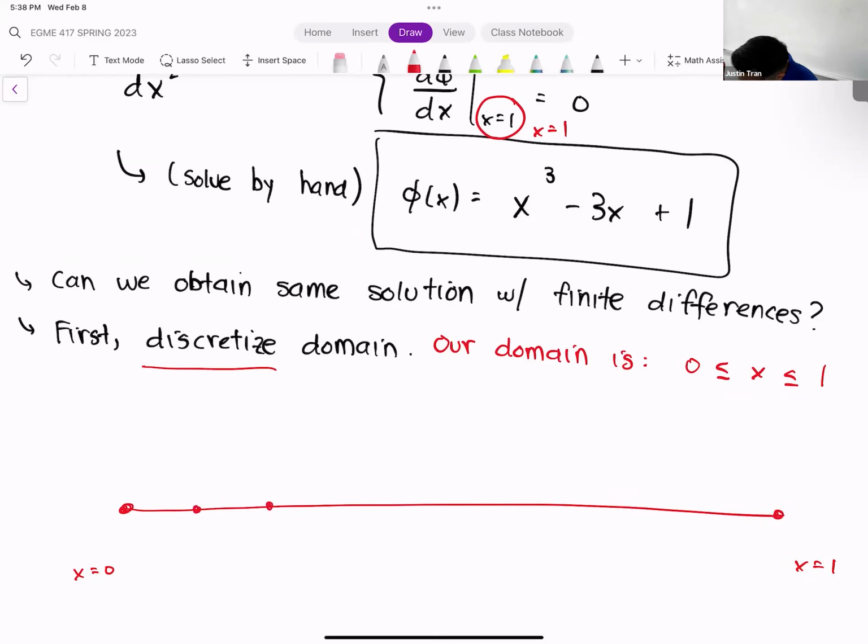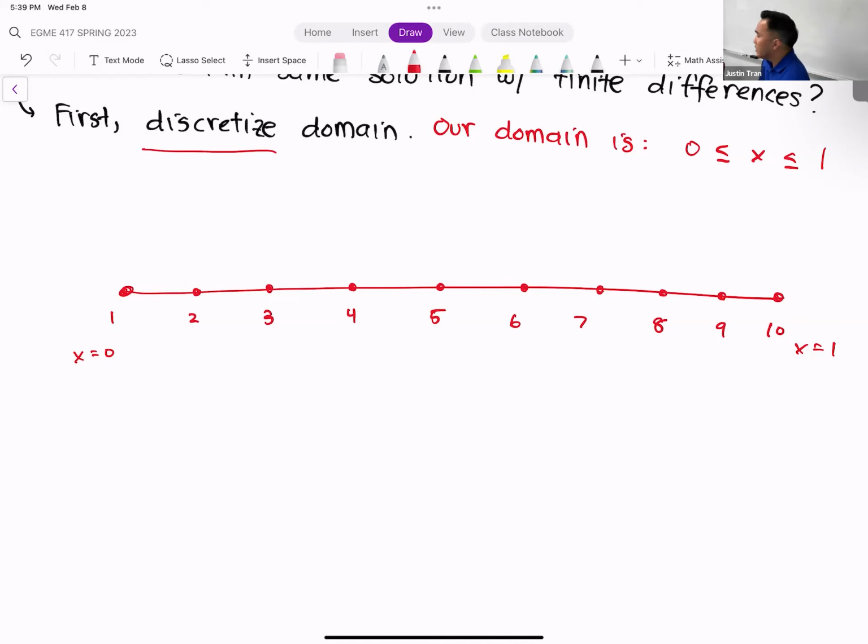Each of the nodes I drew is going to be identified with an ID number. For this particular case, I was drawing somewhat randomly, and we ended up with 10 nodes. So we have a 10 node domain.